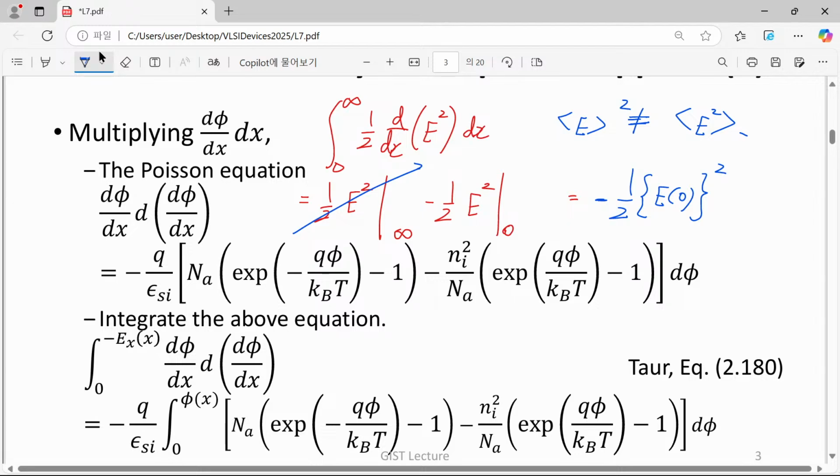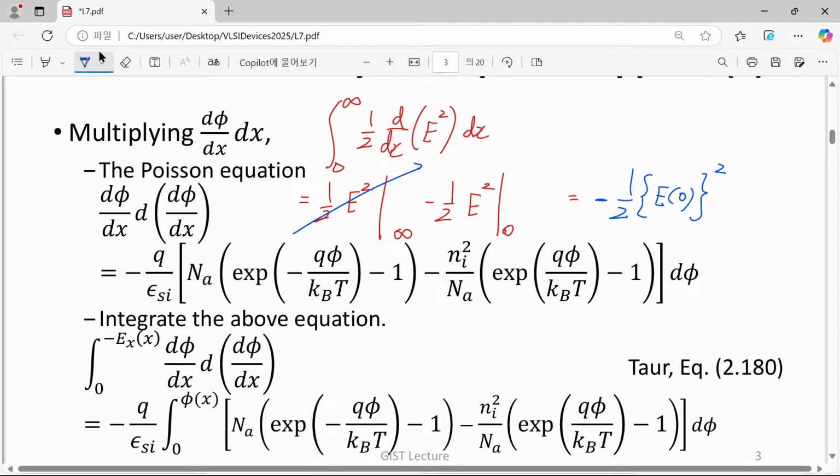If we have inhomogeneity along the y direction and z direction, then maybe they can show some differences. But fortunately, in this MOS capacitor, we assume that everything is just a function of position x. So we can simply write it in this way.